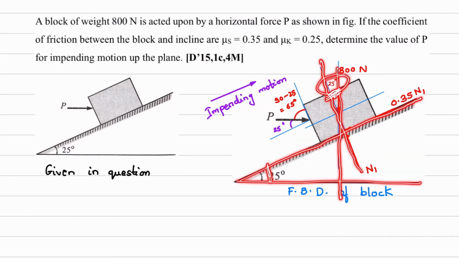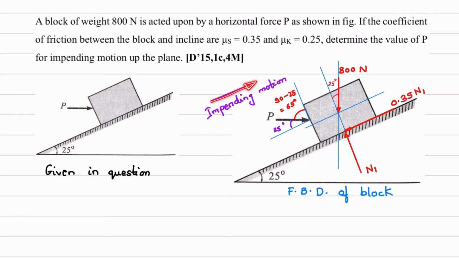Now since the impending motion is up the plane, the friction force will be downward. Here you can see this is the friction force, which is opposite to the direction of impending motion. Normal reaction is N1, so the friction force will be 0.35 N1.